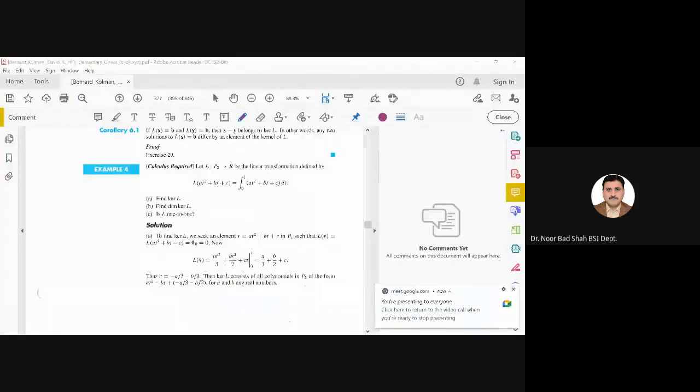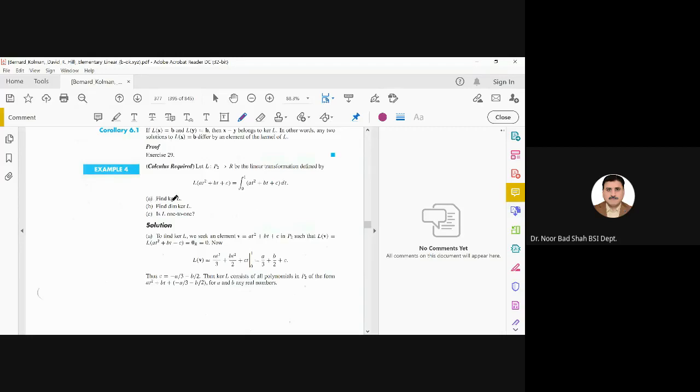Well, let's suppose we are given a transformation L from P2 to R, the real numbers, defined as L of (at squared plus bt plus c), which gives you the integral of that polynomial. You have to integrate that polynomial from 0 to 1.